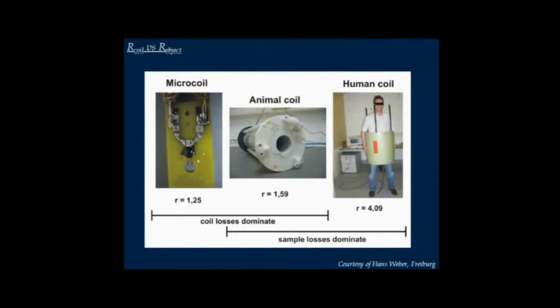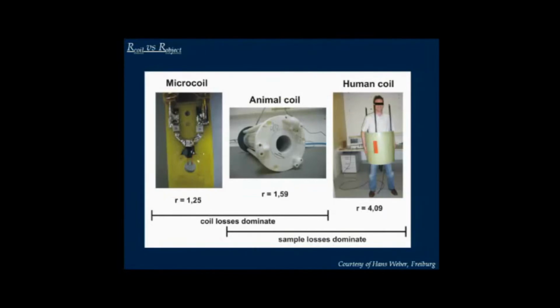Okay, as I said, there are losses due to the coil and losses due to the sample. The influence of those is of course dependent on the ratio. If you have a body coil or a human coil, then the sample losses dominate the noise you receive.